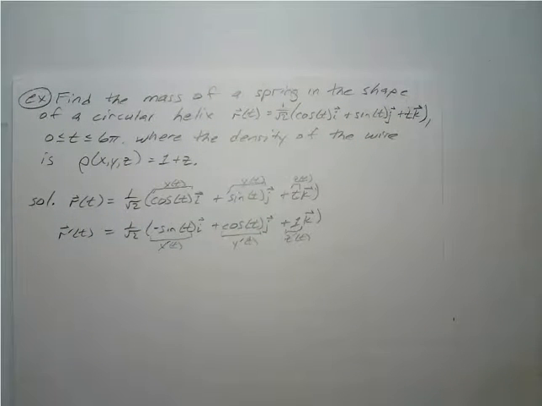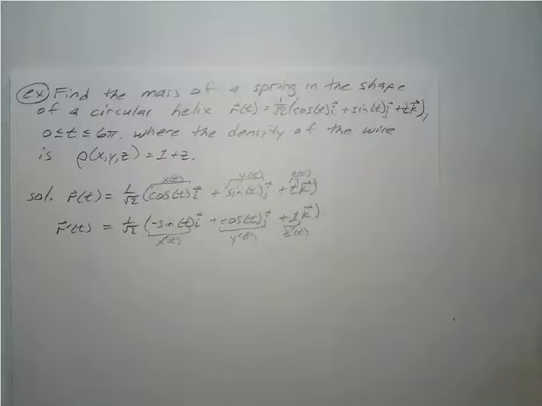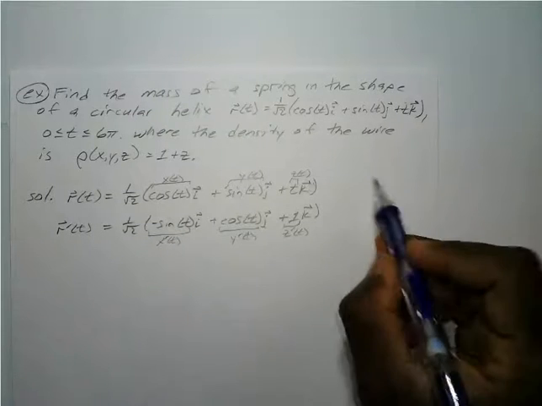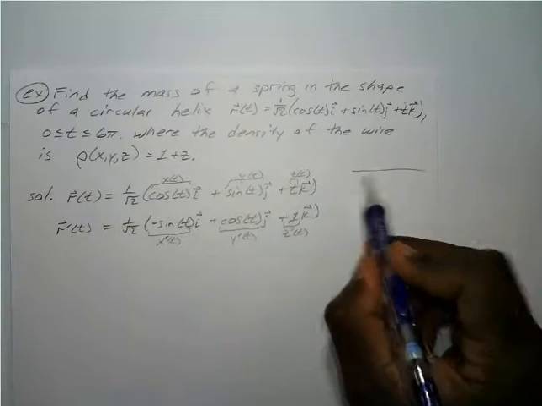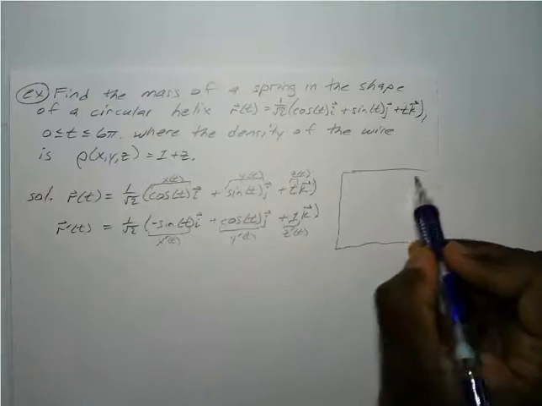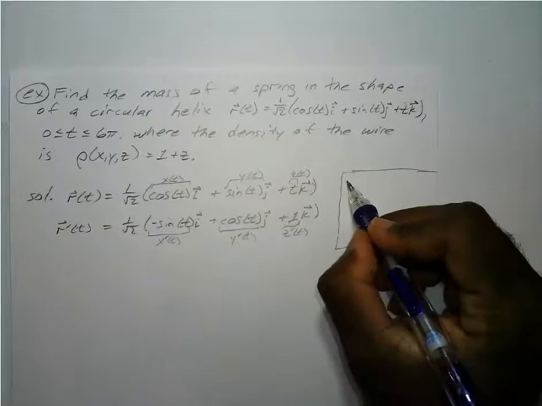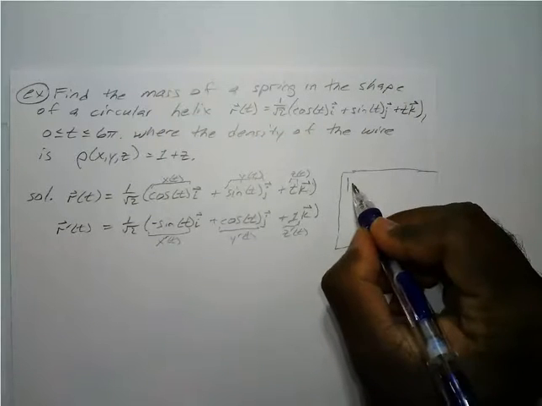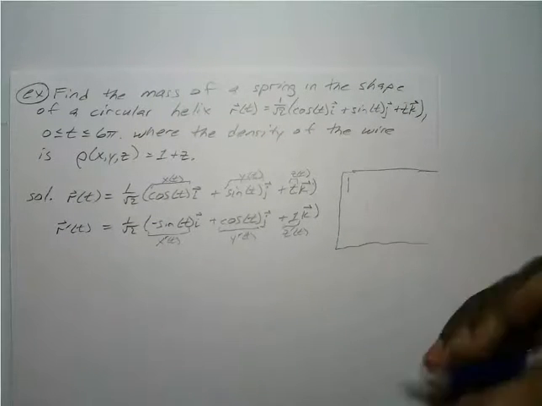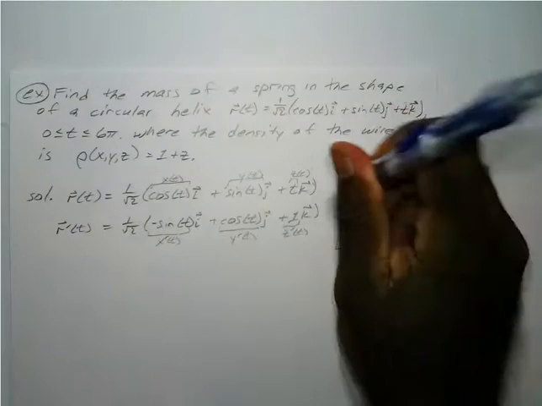Alright, just like before, we go ahead and just plug everything in. But the only difference is here, we have to actually remember one thing. We'll put the integral first.